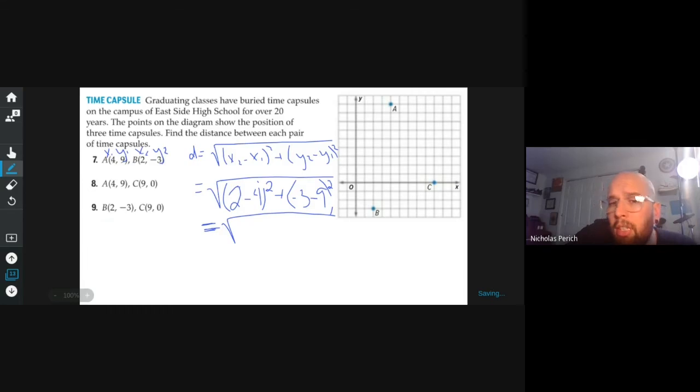In parentheses, 2 minus 4 is negative 2. Plus negative 3 minus 9 is negative 12 squared.